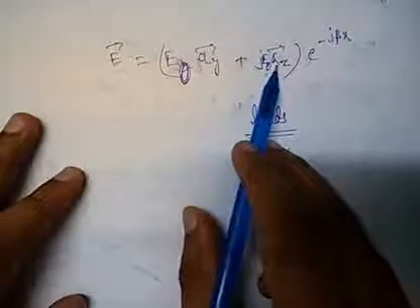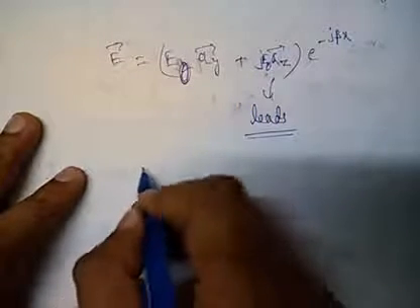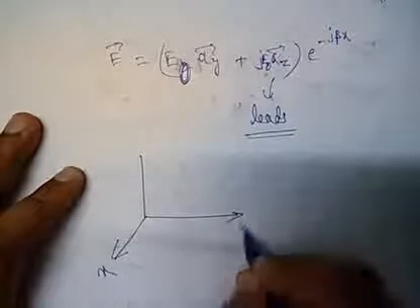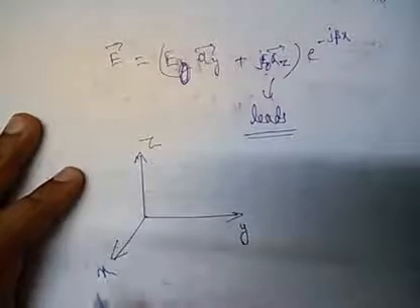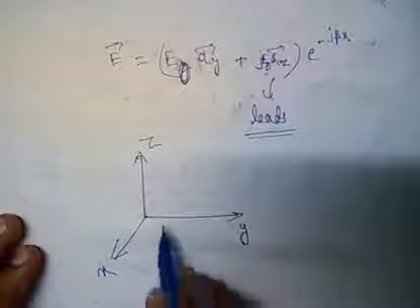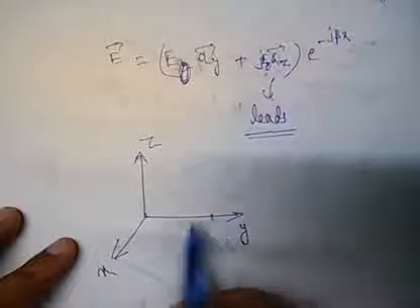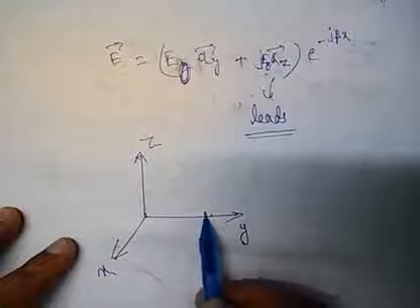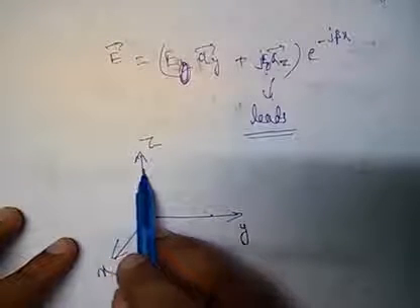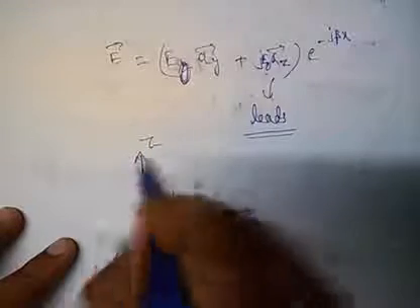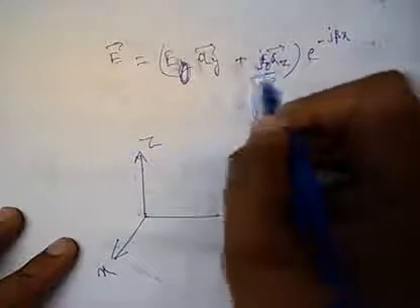So what we get is, if I plot here, this is the x component, this is the y component, this is the z component. So E naught vector Ay, in this direction there will be an electric field component, and in this direction there will be an electric field component, but the z direction component leads.